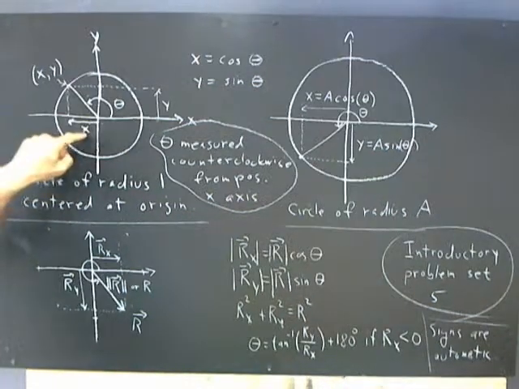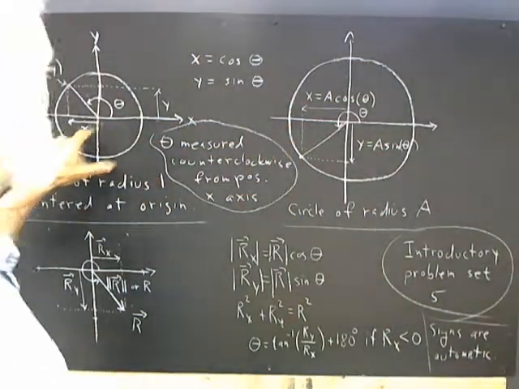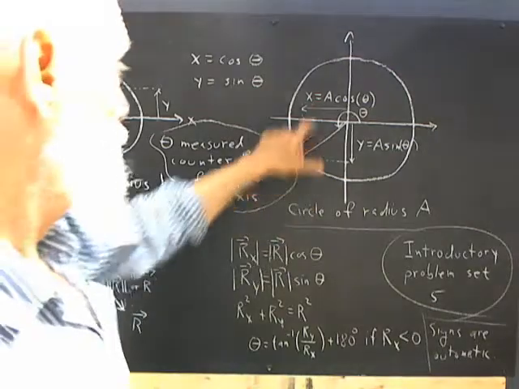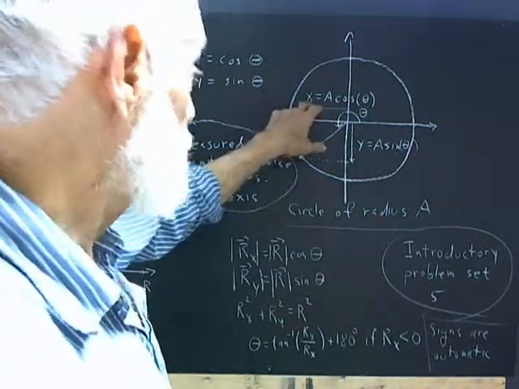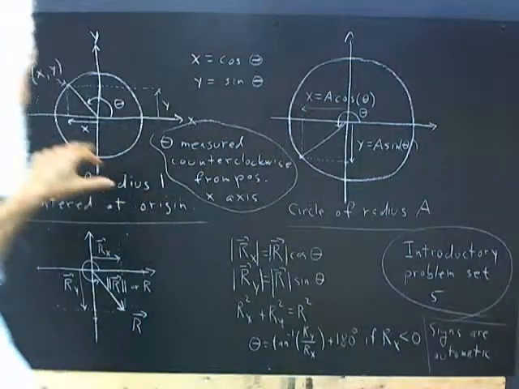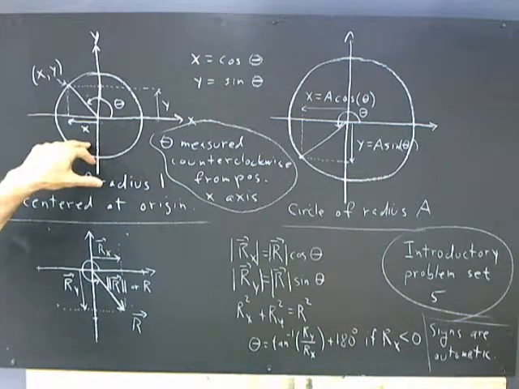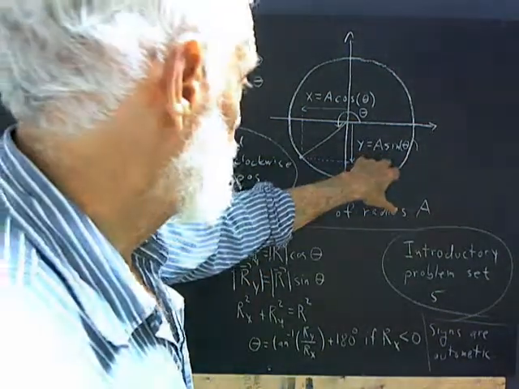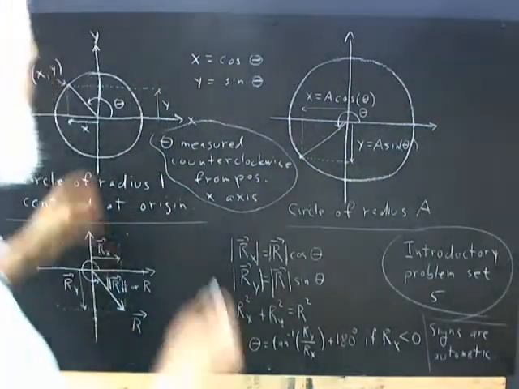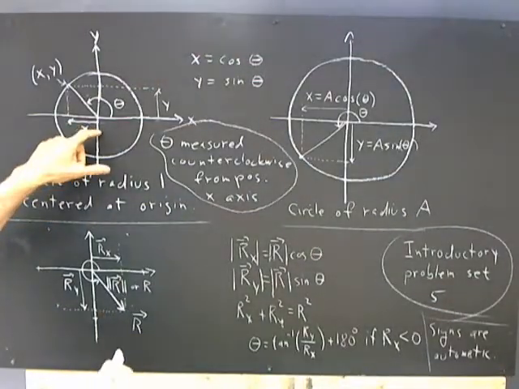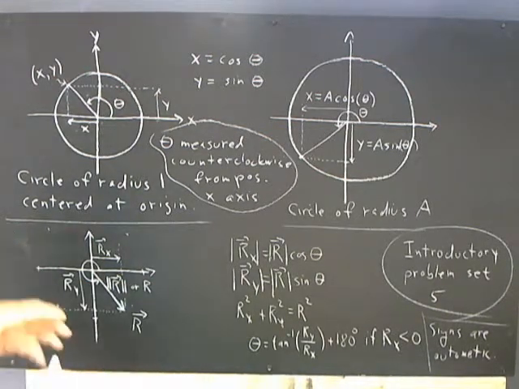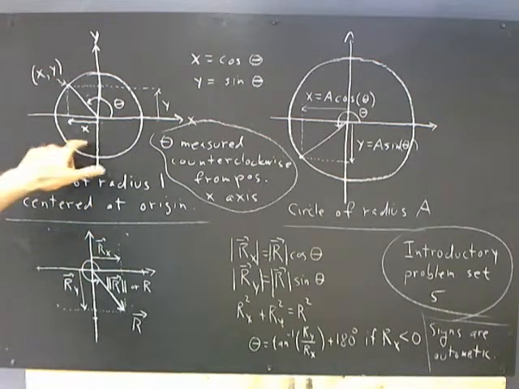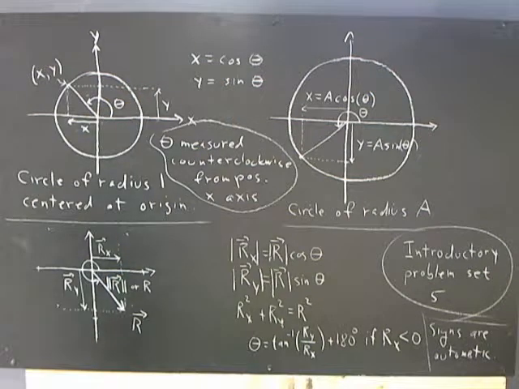Instead of x being the cosine of theta, in this case x is going to be a times as big as the cosine of theta because x is going to be a times as big as it would have been over here. Similarly, y is a times the sine of theta. So if the circle has radius 2, the x-coordinate of this point is going to become twice as great, so it's going to be equal to twice the cosine of theta.